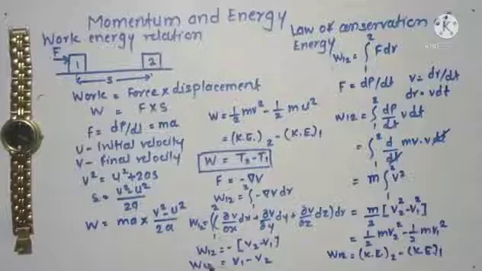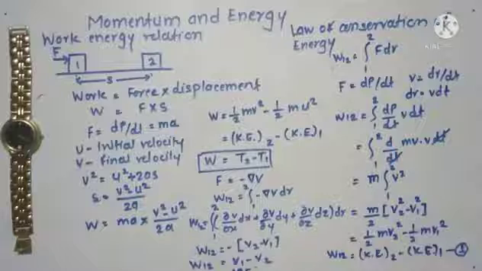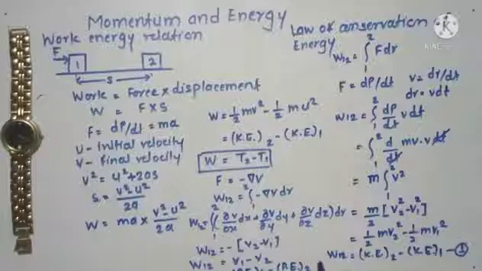Let me call this equation 1. And this is nothing but the potential energy of the first position minus the potential energy of the second position. Let me call this equation number 2.